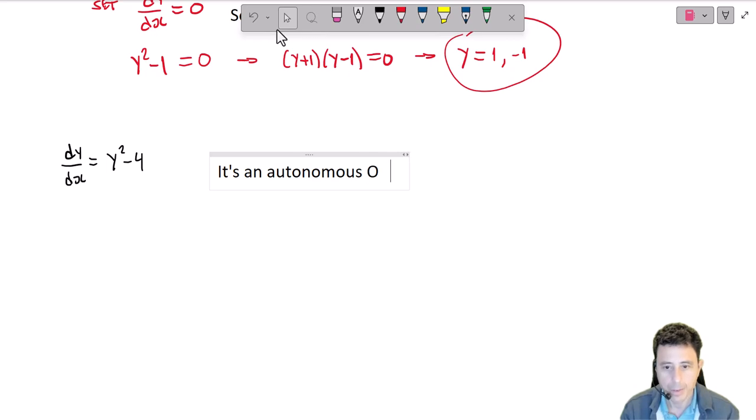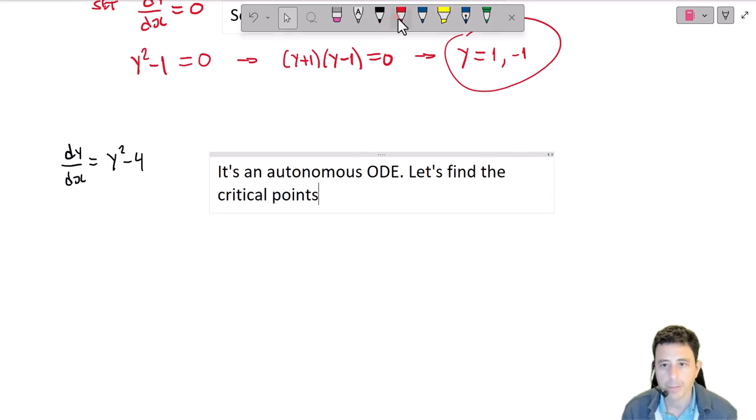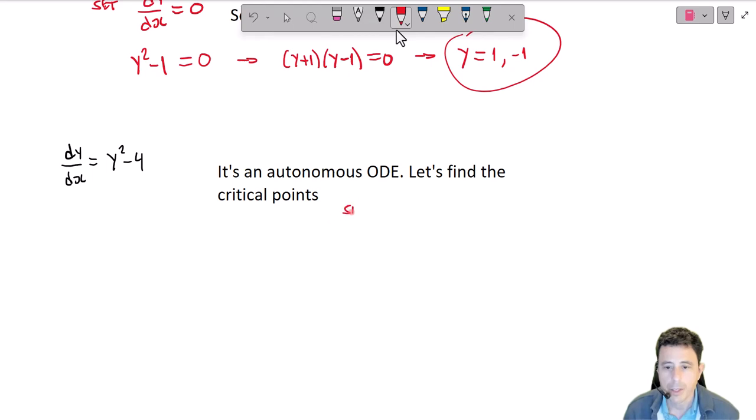So let's find the critical points. So the critical points, we set the derivative equal to 0. This means that y squared minus 4 equals 0. This means that y, the solution would be negative 2 and 2.